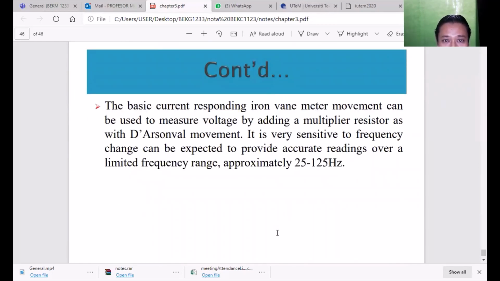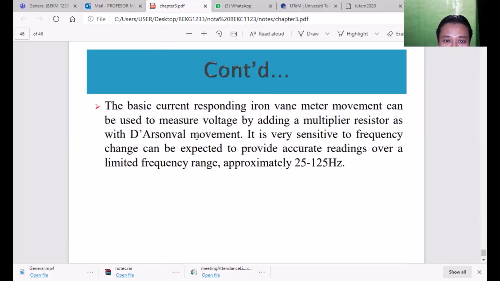Okay, so the basic current responding iron vane meter movement can be used to measure voltage by adding a multiplier resistor, as with the D'Arsonval movement. So we can also use the iron vane to measure voltage by adding this RS multiplier resistor.